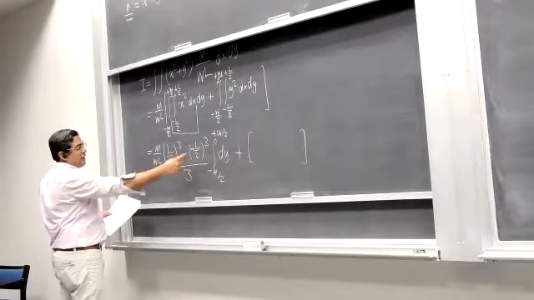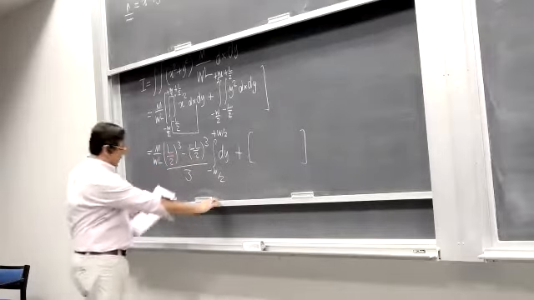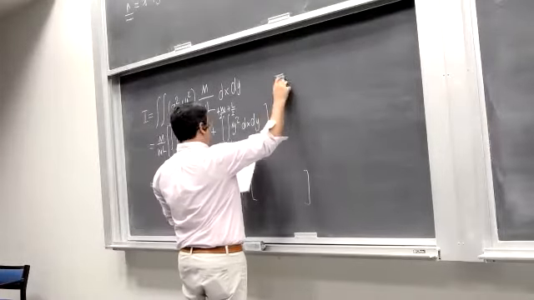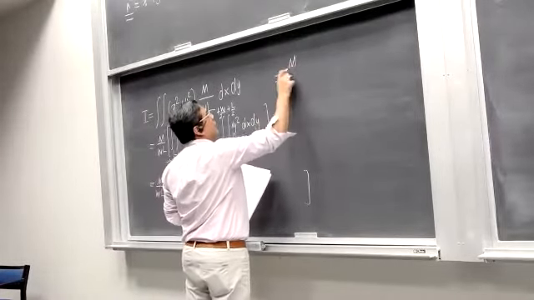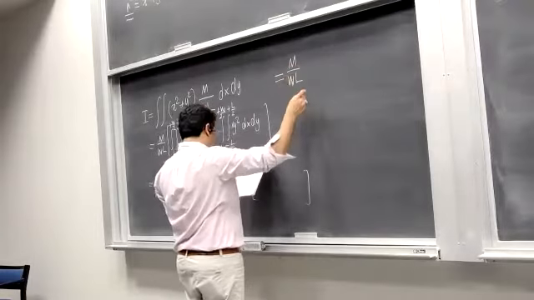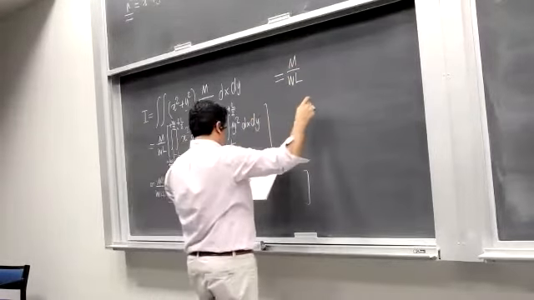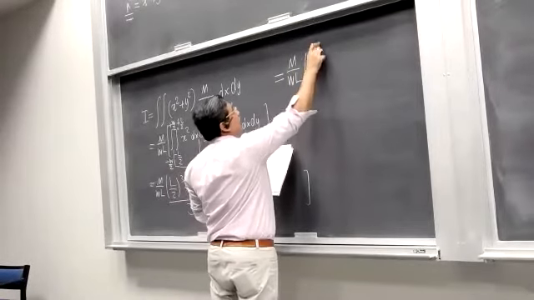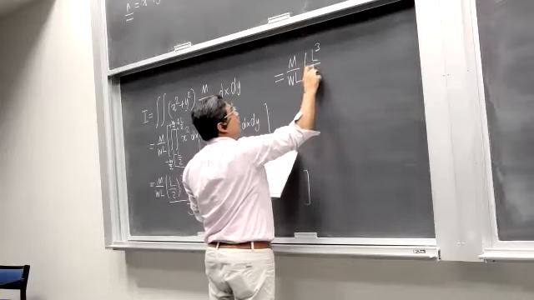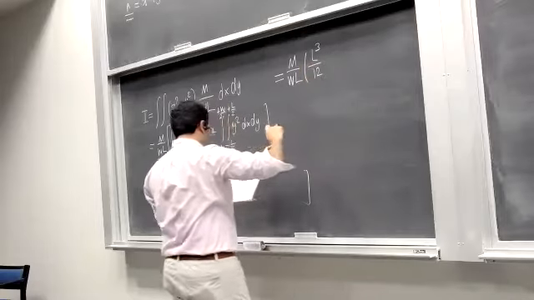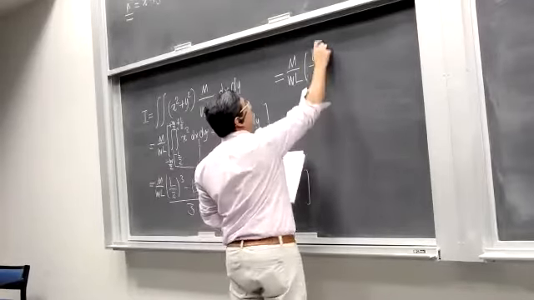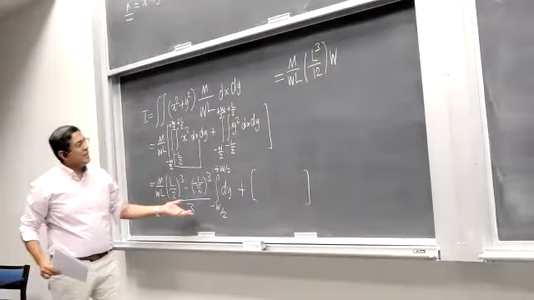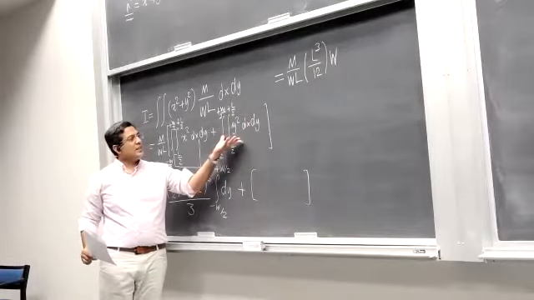And then if you simplify this side, you would get, outside, m over wl, and then you have L cube over 12 times W. This would be this integration here.